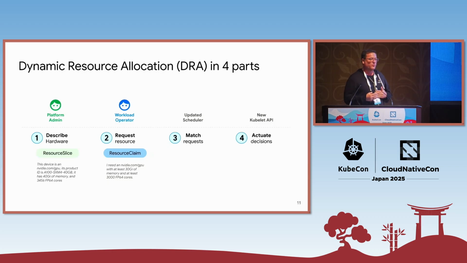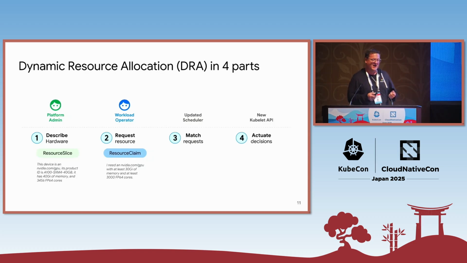In DRA, we make that a whole object, a resource claim object, which allows us a lot of flexibility to ask for not just groups of devices, but criteria-based requests, like give me any GPU with at least 40 gigs of memory. So now that's an NVIDIA GPU, right?